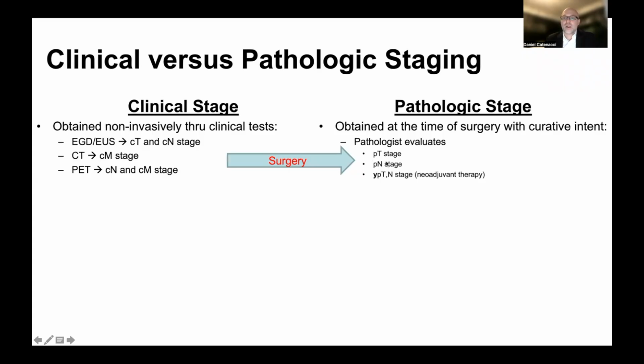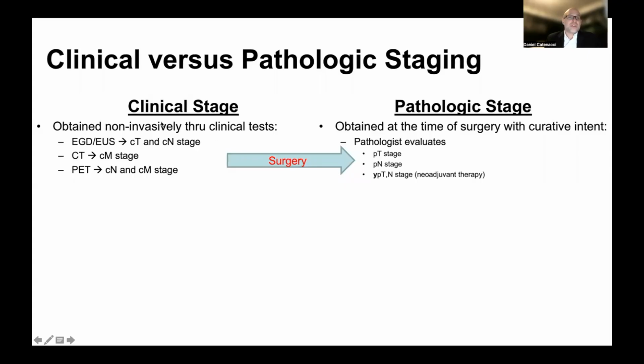And so therefore, the T stage and the N stage at the time of surgery do not reflect what the stage was at the time of diagnosis, because there was an interval of treatment in between. And so the pathologist denotes that by saying ypTN, meaning this is the stage after neoadjuvant therapy. And we're going to talk more about that later when we talk about prognosis and perioperative therapies.